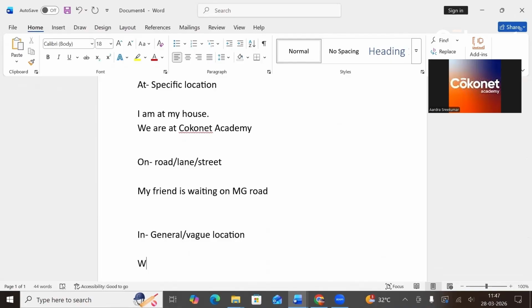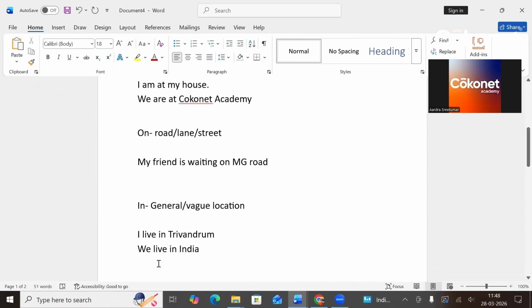Say I live in Trivandrum, indicating I could be living anywhere in Trivandrum. It's not any specific location. It could be anywhere. It could be in Pattom, in some other lane or road, whatever it is. But here, it's a general vague location we are talking about. Say we live in India, right? Again, a general vague location. Or any other place.